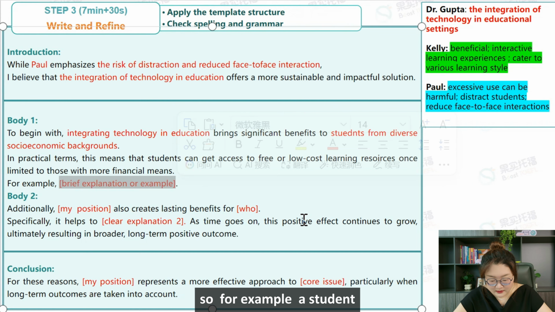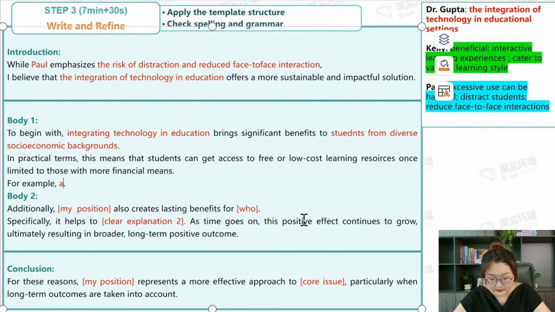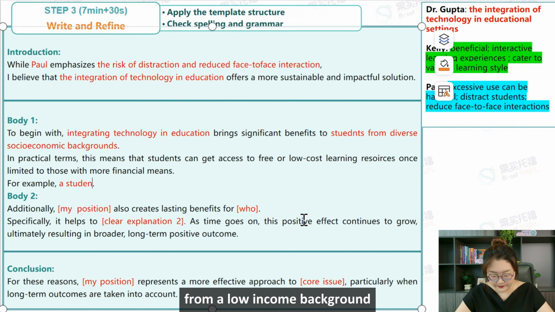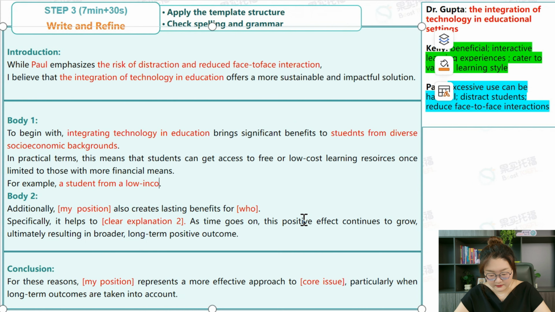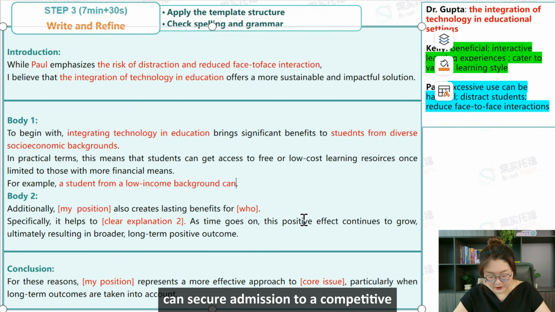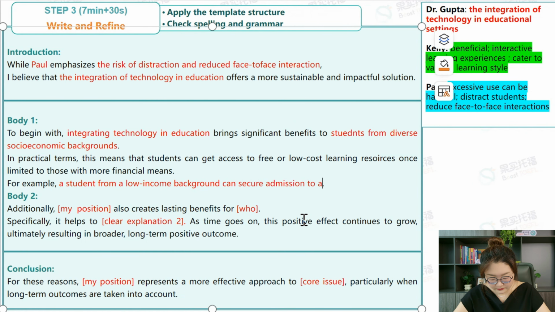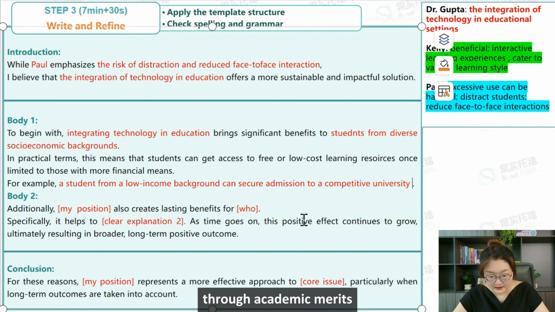So for example, a student from a low-income background can secure admission to a competitive university through academic merits.